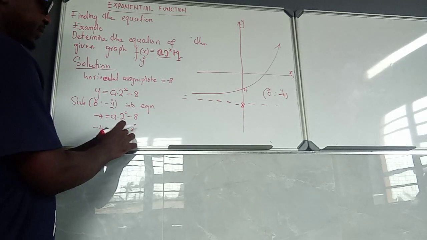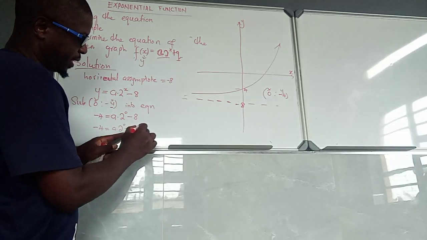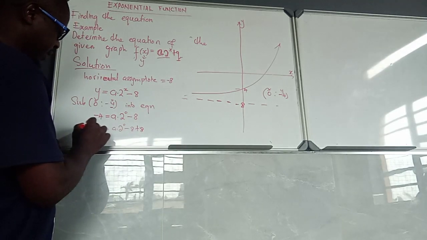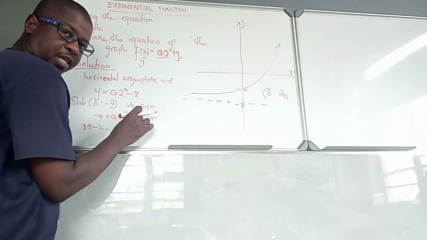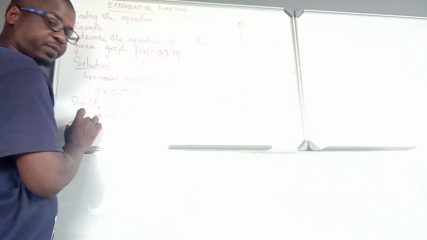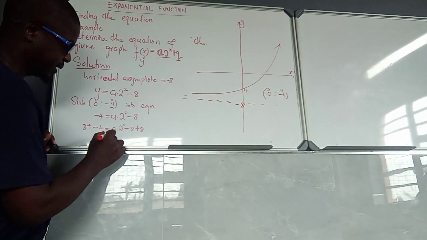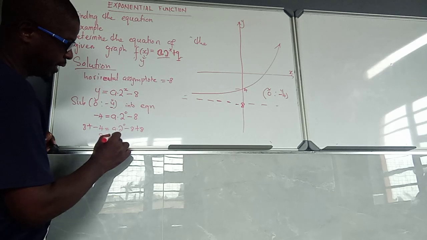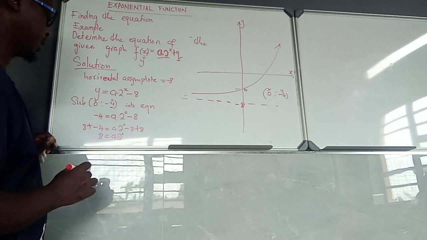Let me get rid of the 8 by grouping like terms. I say plus 8 this side, also plus 8 this side. It's as good as taking this -8 to the other side of the equation. So this gives me 8 is equal to a times 2 to the power of 0.